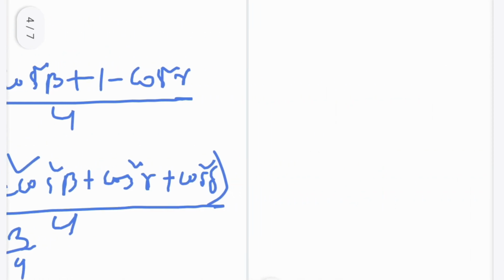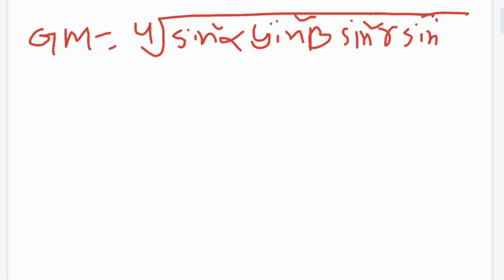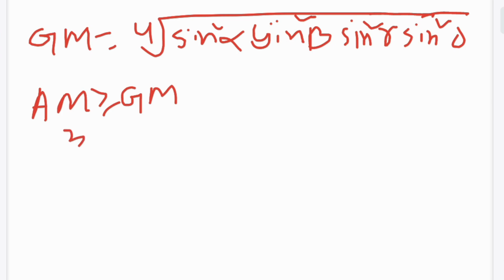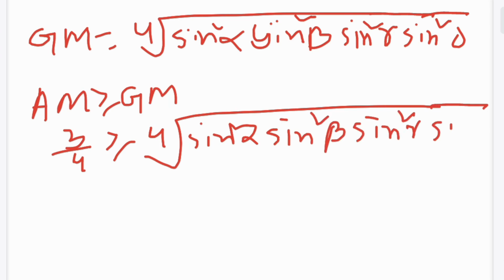And their GM will be the fourth root of sin square alpha into sin square beta into sin square gamma into sin square delta. Again by AM equal or greater than GM, using this inequality we get 3 over 4 equal or greater than the fourth root of sin square alpha into sin square beta into sin square gamma into sin square delta.